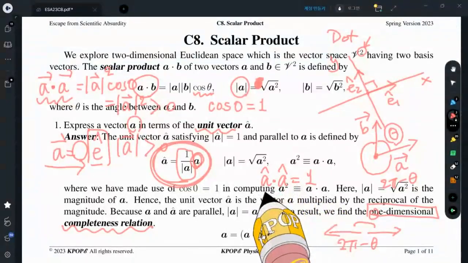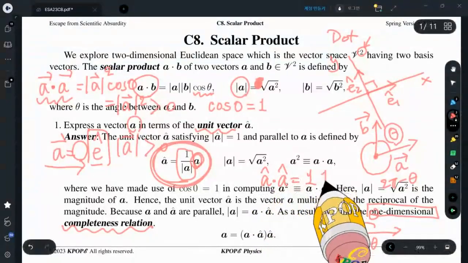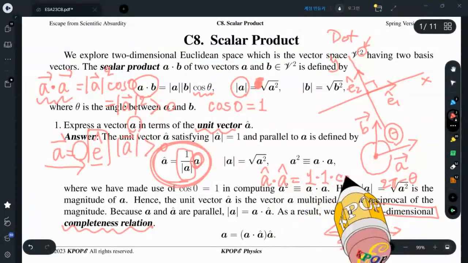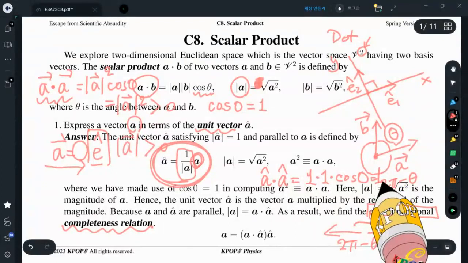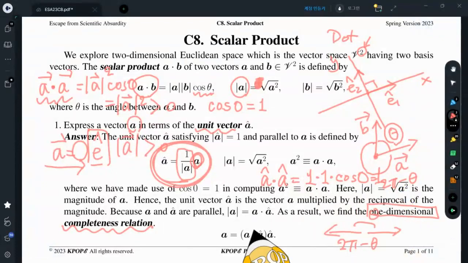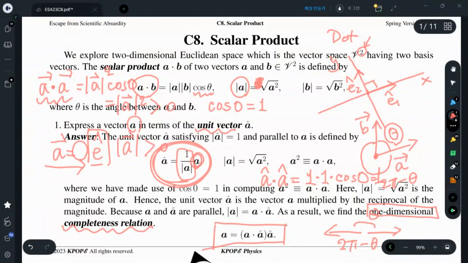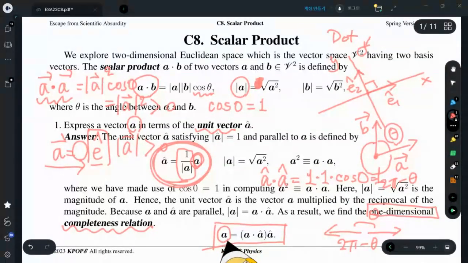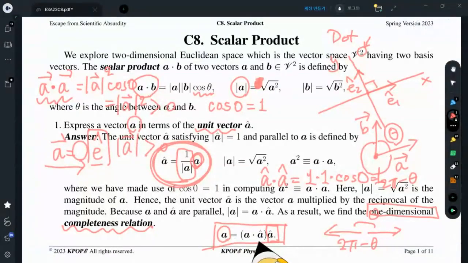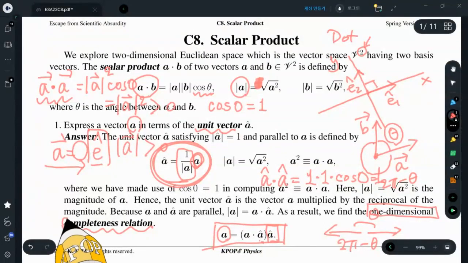Why? The magnitude of this is 1, the magnitude of this is 1, and cosine 0 is 1. So 1, 1, 1. That's 1. Therefore, we can construct this very simple expression. Any vector can be expressed as a unit vector along that direction multiplied by its component. Okay, so this is completeness.